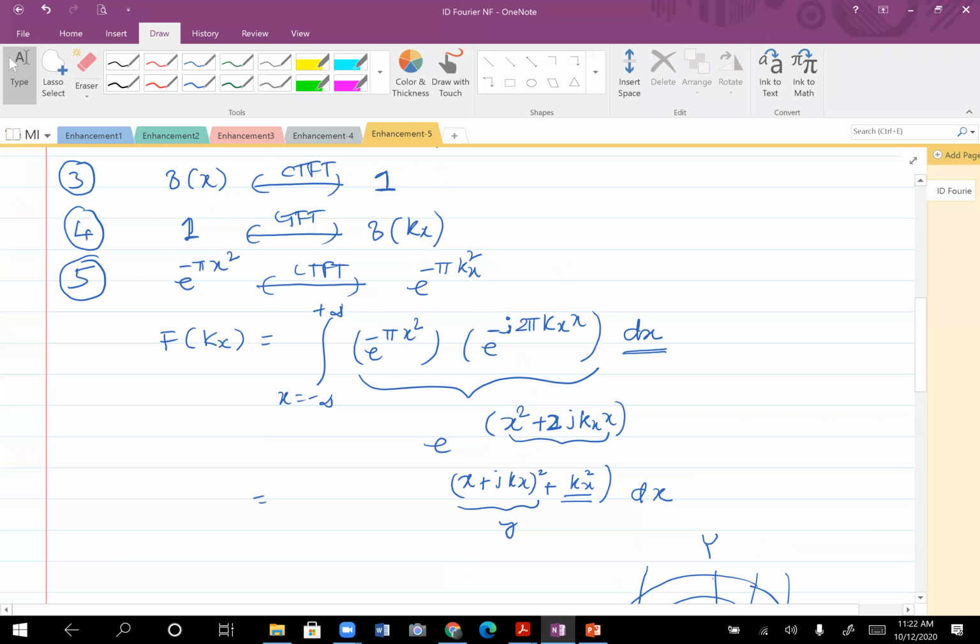So what we did was we have taken e power minus pi kx square out, and inside what we had is some y varying from minus infinity to plus infinity, exponential of e power minus y square dx dy. That was what we had, isn't it? After doing the substitution.